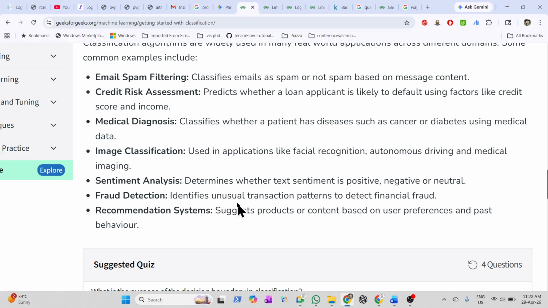Fraud detection, it identifies unusual transaction patterns. Suppose you are buying something on an e-commerce site and you provide your credit card, suppose your credit card number has been leaked, then a fraudster can also use your credit card number and try to make a payment, and whether the system identifies it or not, that is fraud detection.